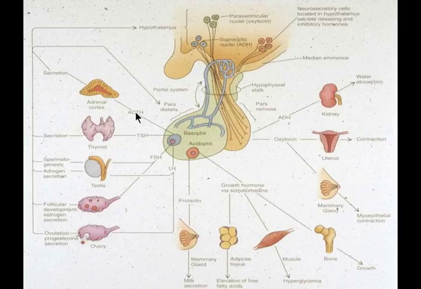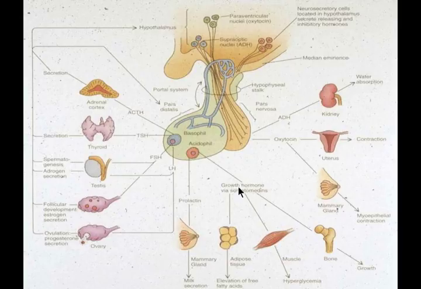Just as a very schematic, ACTH stimulates the adrenal cortex, TSH stimulates the thyroid, FSH and LH affect the testes or the ovary, depending on the gender. Prolactin is essential for lactation. Growth hormone has a number of effects, but essentially it regulates growth and some other things.